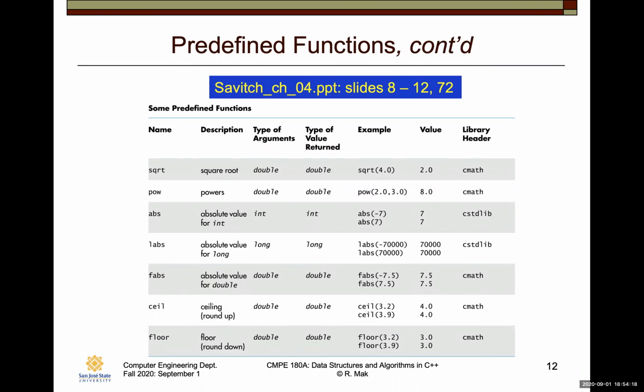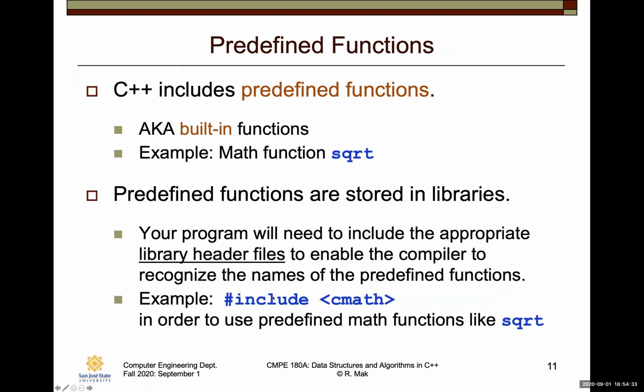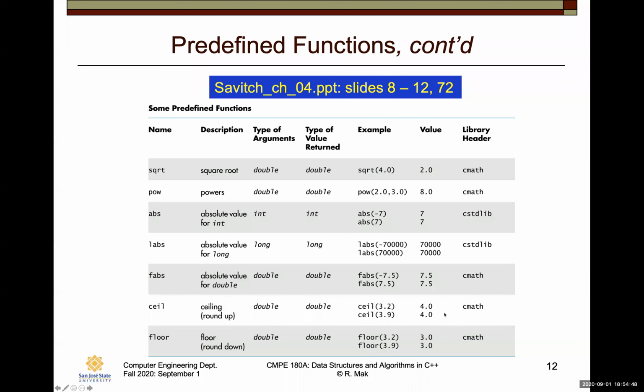And so if you Google CMath, it'll probably have a list of all the functions, okay? And I mentioned include CMath, but also you have to say using namespace std, okay? Otherwise, the compiler will complain that it doesn't know what sqrt is, okay?